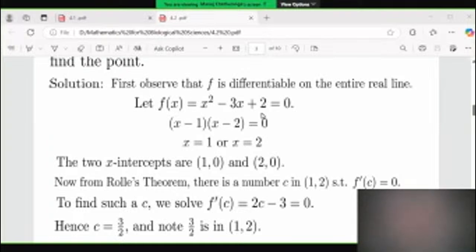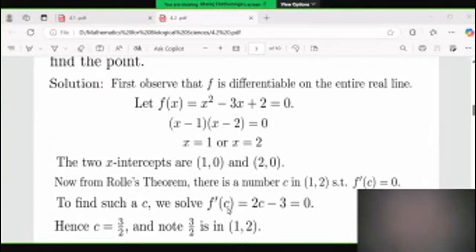So take this function, differentiate it, and make it equal to 0. Derivative of x squared is 2x, derivative of minus 3x is minus 3, derivative of plus 2 is 0. So 2x minus 3.